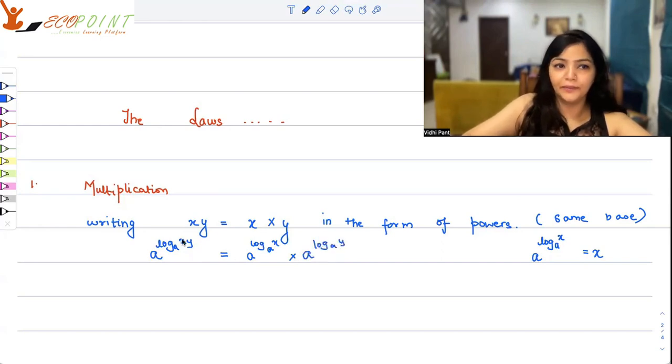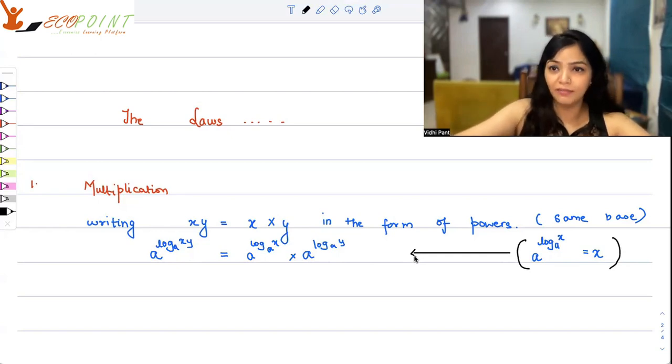All we are doing is using this fact, which we tested with an example as well, that a to the power log base a of x gives you x. Okay, so this is what it is. Now, what do we know about exponents? We know that if the base is the same, I can add the powers.